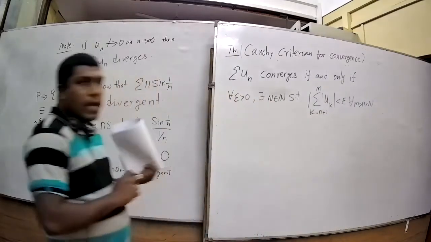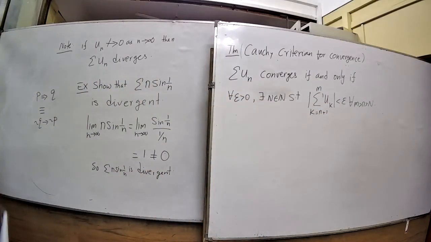So this is the Cauchy criterion, very similar to what you studied for Cauchy sequences, right? So here the series is convergent if and only if for every epsilon positive there exists a natural number N such that the summation of u_k, k from n plus 1 to m, somewhere in the middle, after a certain point, is less than epsilon, right?